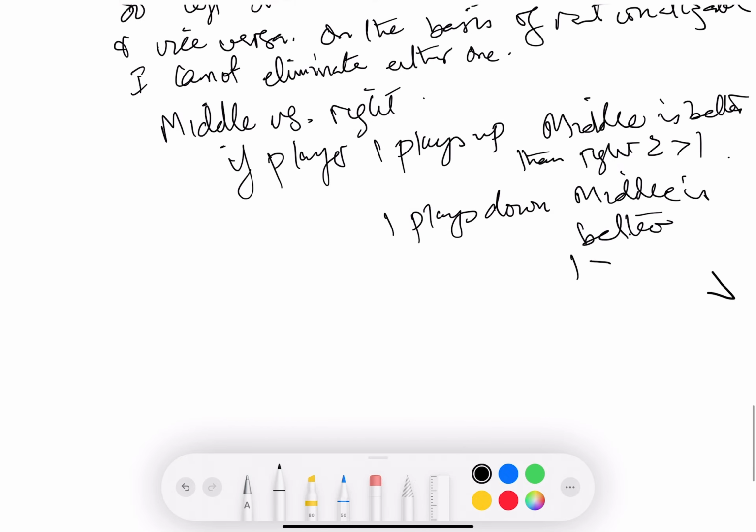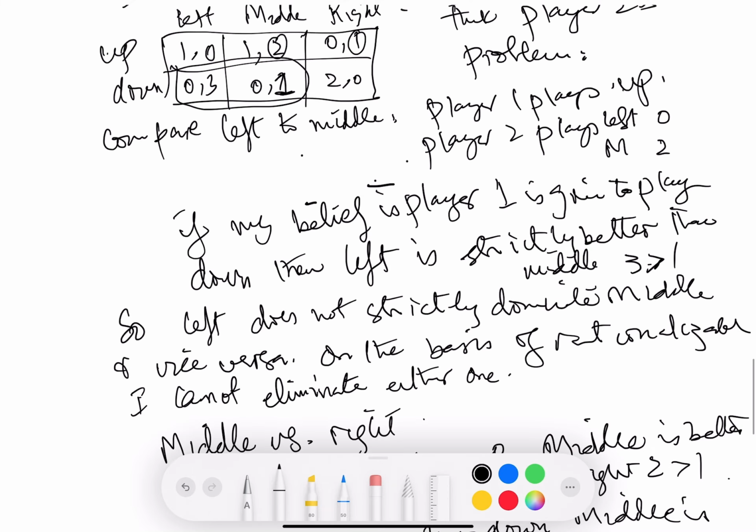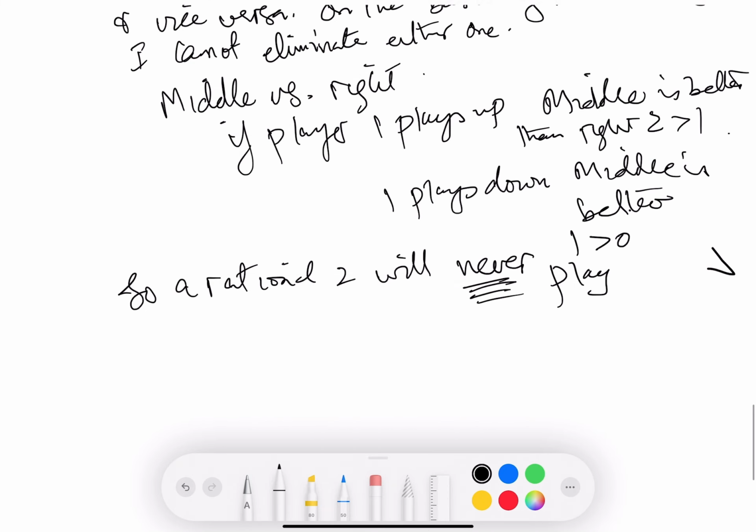One is strictly greater than 0. So a rational 2 will never, and I mean never, play right. Never play right.